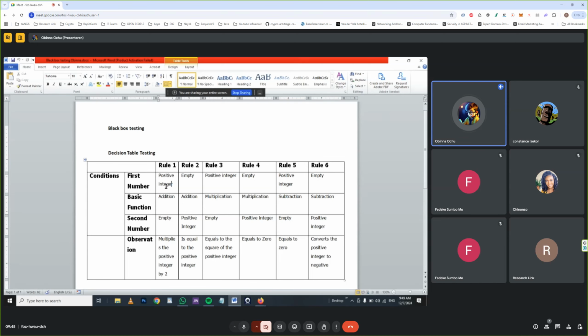The first number should be a positive integer, and then here we have the basic function, which could be multiplication. The rule I'm testing is a positive integer with an empty second input. I'm not going to enter anything, and then I'm going to check the results. That's just what we did now.